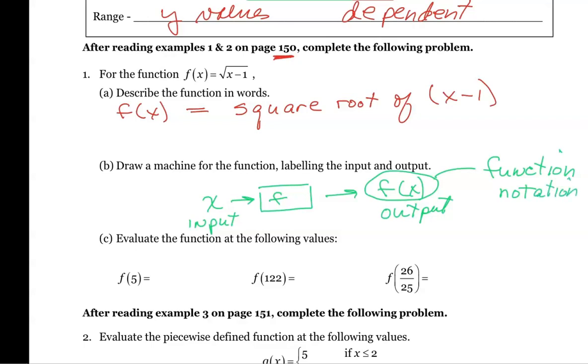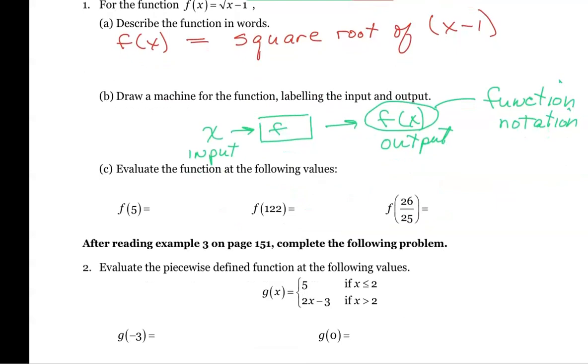Okay, when you evaluate, you take the number behind the parens, that replaces your x, and plug it in for every x. So basically for each of these, if you have a function, you're going to replace the x by 5, and your result is going to be a number. Okay, f of 122, you're going to evaluate the function where x equals 122.